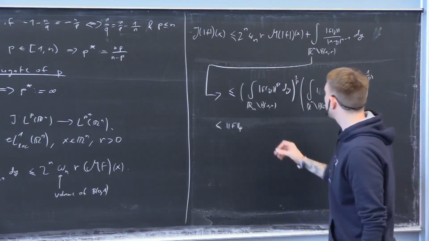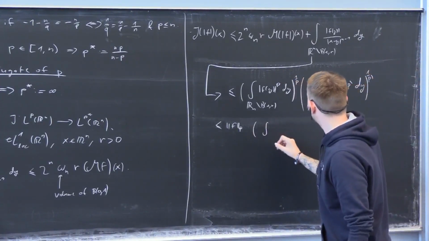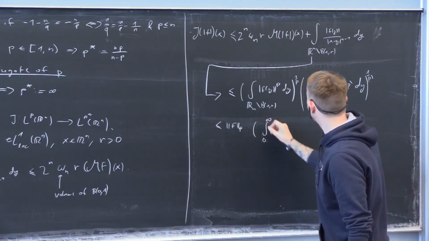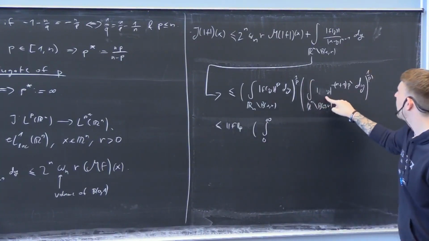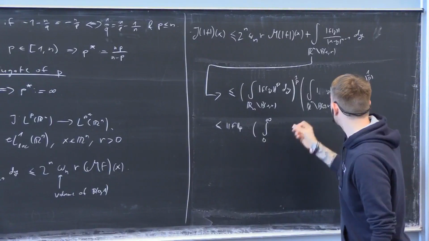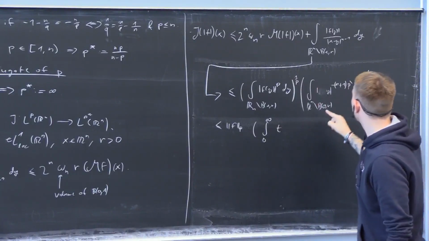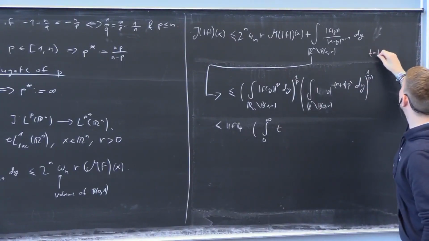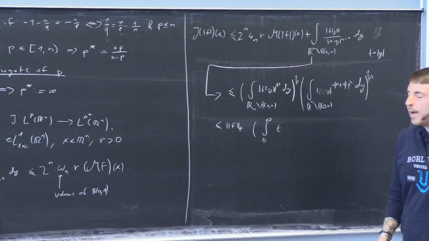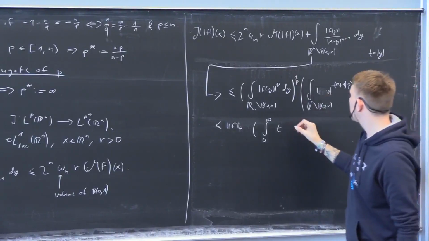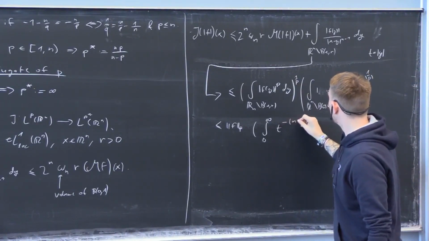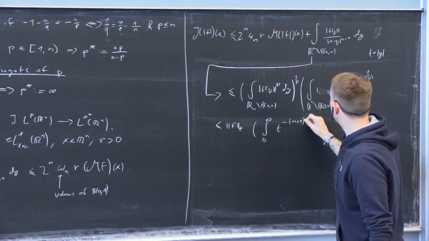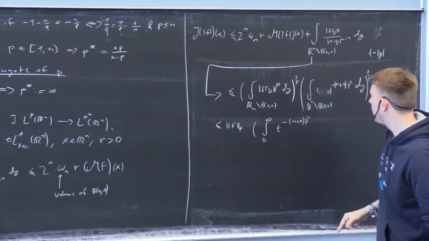And these polar coordinates will give us an integral from 0 to infinity. Then I substitute t equal to the absolute value of y. Then I get t to the minus (n plus 1) p prime.